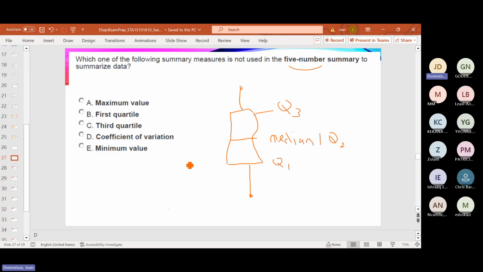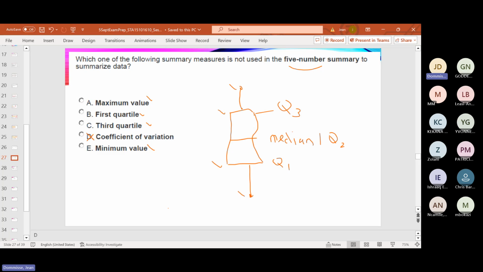So let's quickly check. You've got a minimum value, that's right. You've got a maximum value. That's right. You've got your first quartile. Correct. Third quartile. Yes. And then your fifth number would be your median or Q2. So it's definitely not the coefficient of variation.